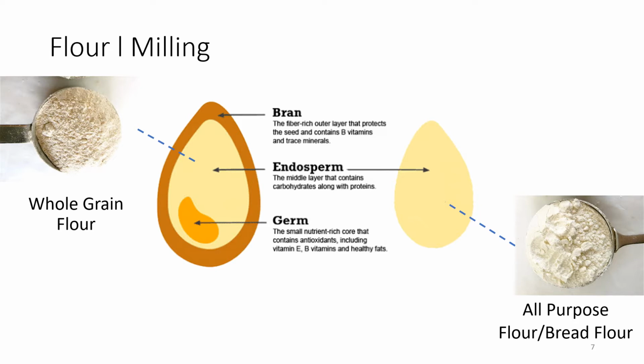A big difference between the two in bread making is that even though whole grain flour is more nutritious, the bits of bran in it can really affect the texture of the bread and the gluten development. The bran bits weigh down the dough and interfere with the structure of the gluten, and it can essentially create a more dense bread, as opposed to an all-purpose or bread flour, which tends to make a really light and fluffy bread.